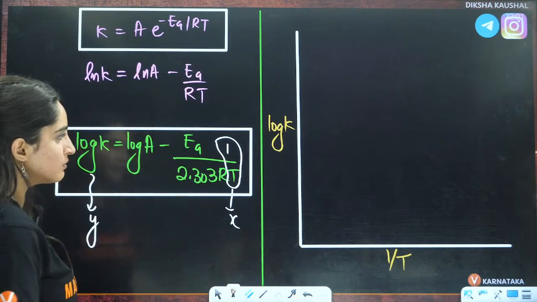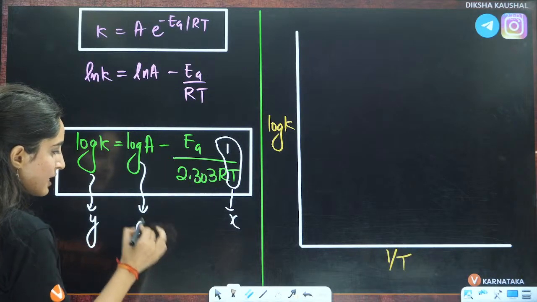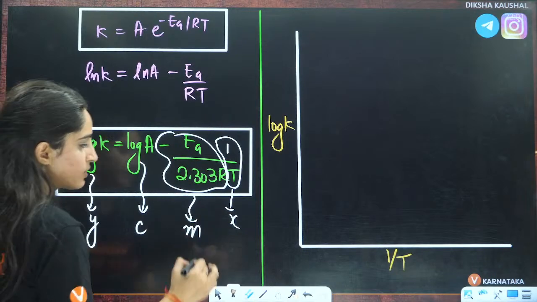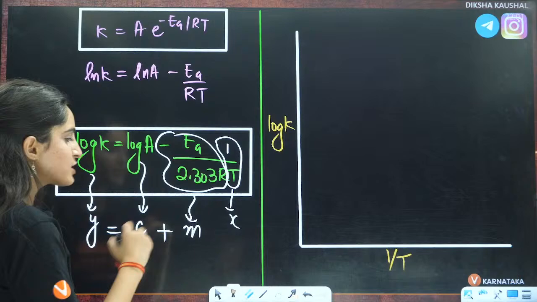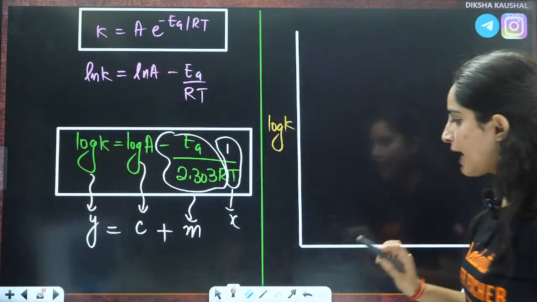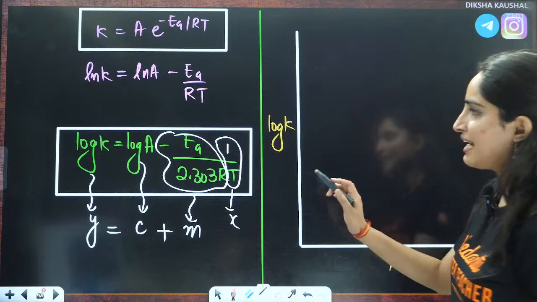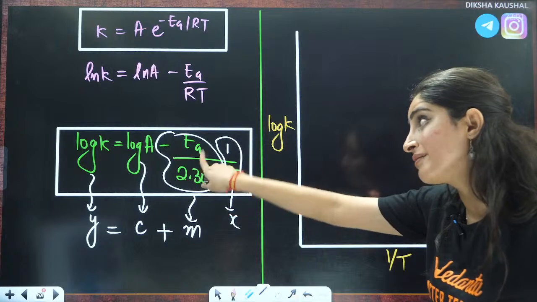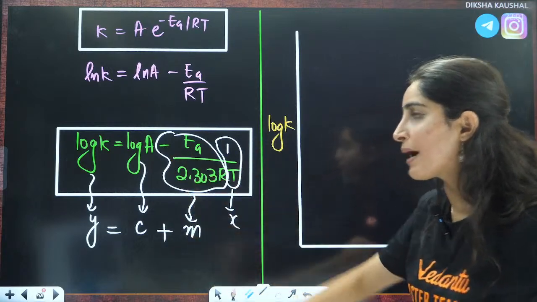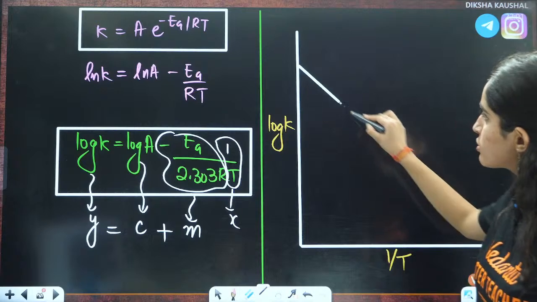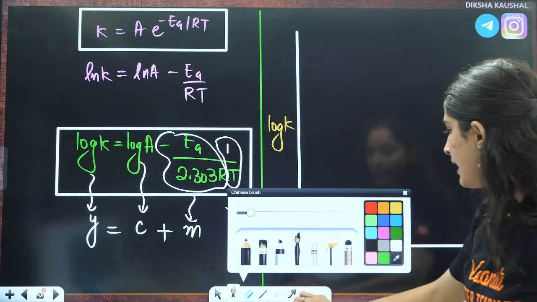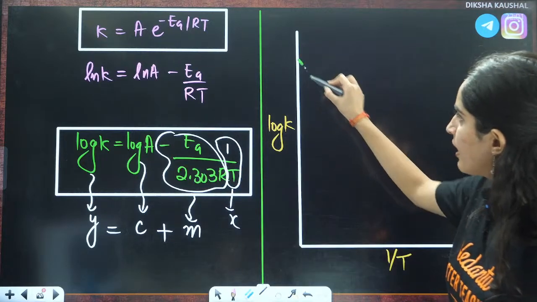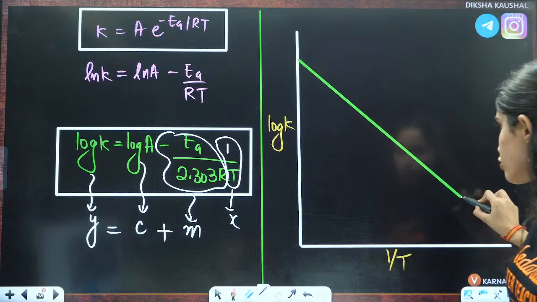Then the intercept is c and the slope is m, so it will be y equals mx plus c. That means the intercept is log A, and the slope is negative, that is minus Ea by 2.303 R. Intercept is log of A, and slope is negative.